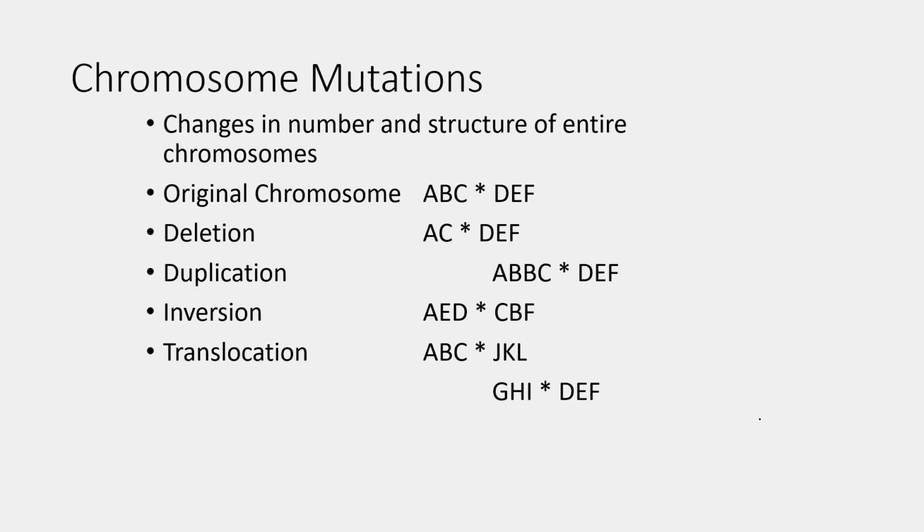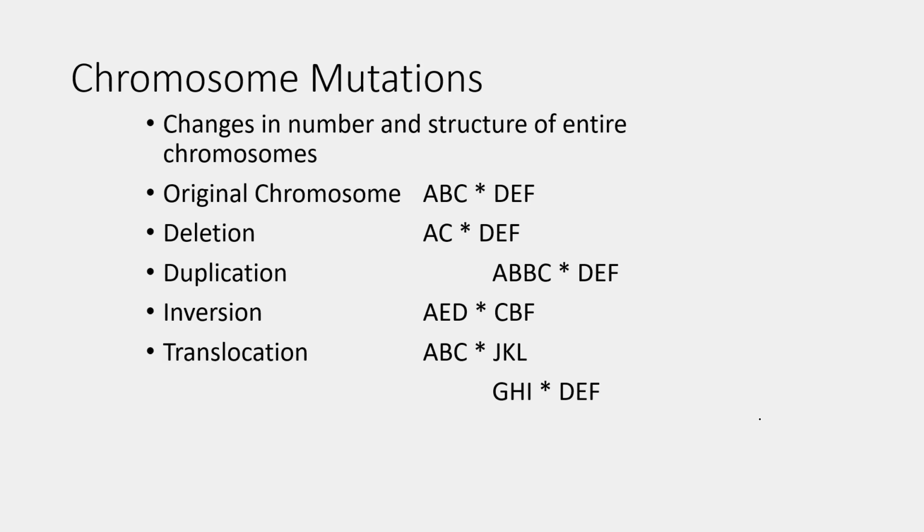Now we can also have chromosome mutations, as we mentioned before. As we had said before, we used to lump chromosome mutations and gene mutations together and just call them mutations, right? Well, now of course we separate them.